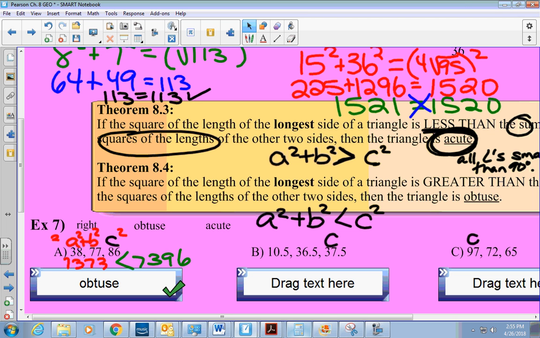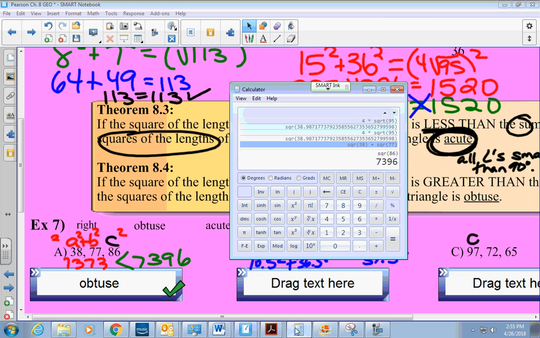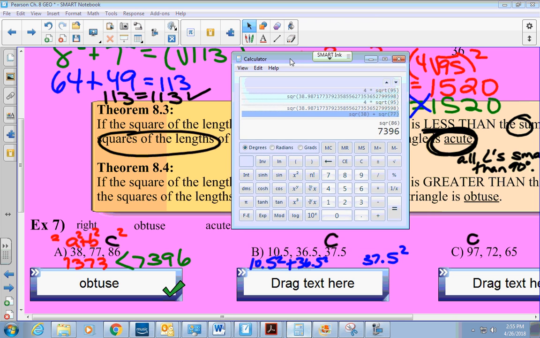We do the same thing here. We're going to test 10.5 squared plus 36.5 squared and see how it compares to 37.5 squared. 10.5 squared plus 36.5 squared equals 1442.5.